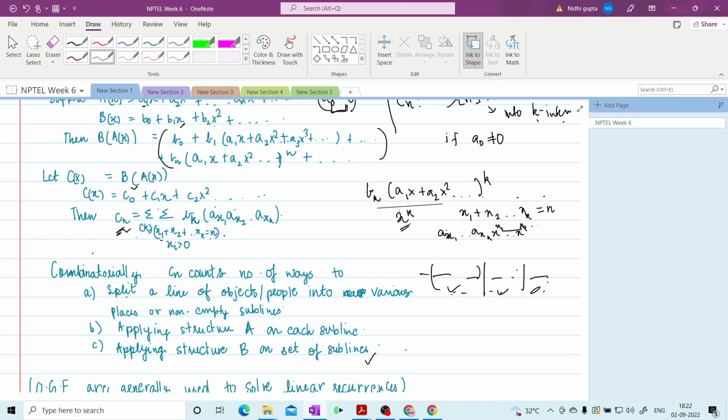individually on each of these sublines, and then we apply structure B on the set of these sublines. If we want to calculate this, splitting a line of people into non-empty lines corresponds to counting the number of compositions of n.